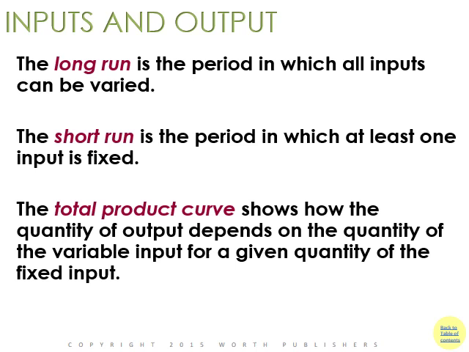So that would be a long-run decision problem where you could vary the amount of any input. In the short run, it's only your variable inputs that can be changed, and other inputs such as the size of your plant or possibly land in some type of agricultural problem could be viewed as fixed inputs.